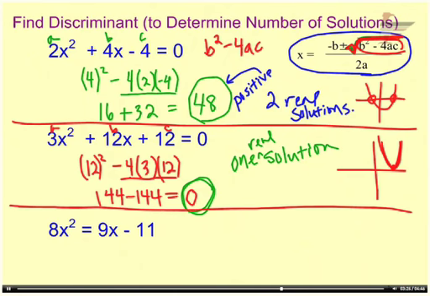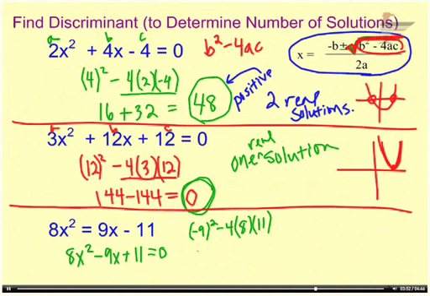All right, last one. We want to get it into standard form, so we'll rewrite 8x squared minus 9x plus 11 equals 0. b squared minus 4ac: our b value is negative 9, so negative 9 squared minus 4 times the a value, which is 8, and our c value is 11.